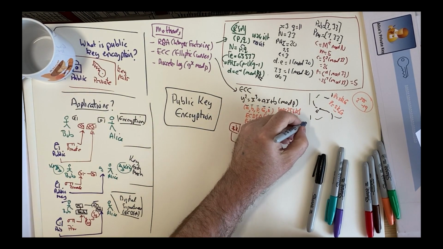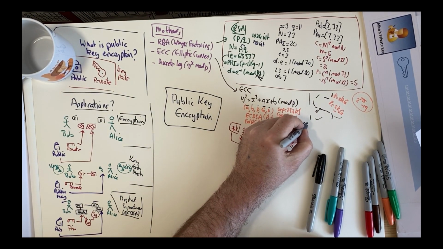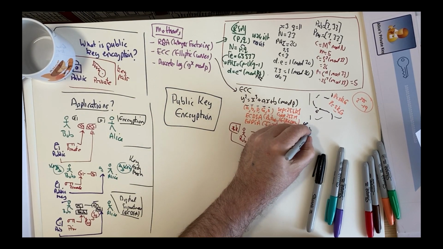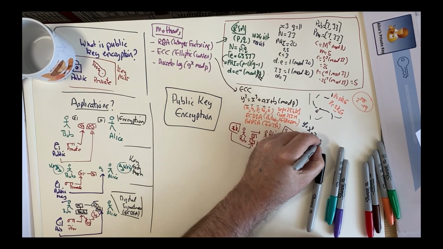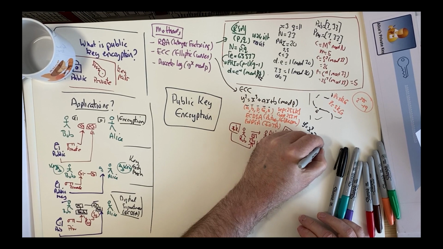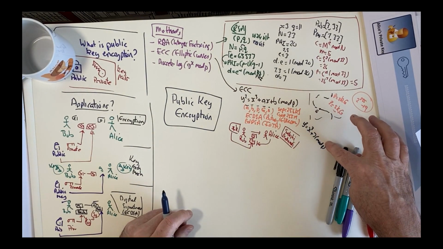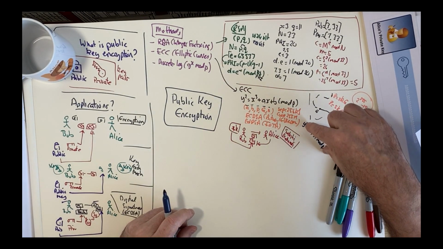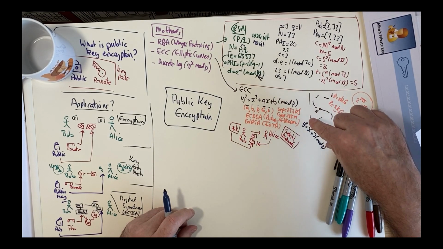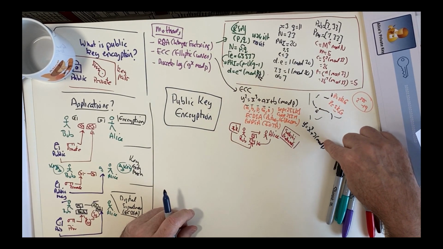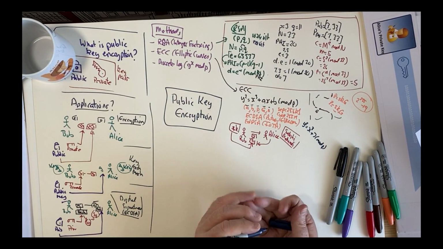As I said, with Bitcoin, the actual curve is defined with this. And this is the Bitcoin curve, and this is a 256-bit prime number here.